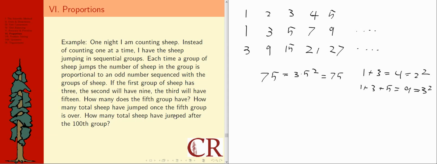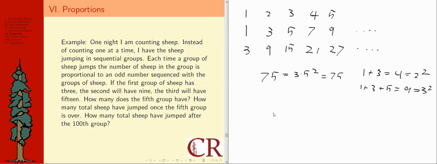That's going to help me out with this last question because I really didn't want to have to keep writing this all the way up to the 100th group. I can see that each number entered here was 3 times that, but it would have been a lot of work to put down the first 100 odd numbers and then add all of these up.